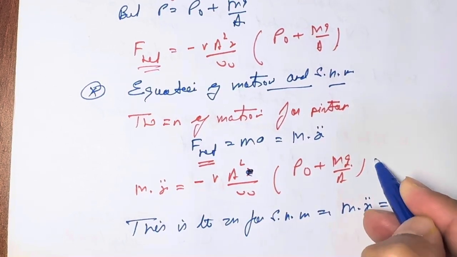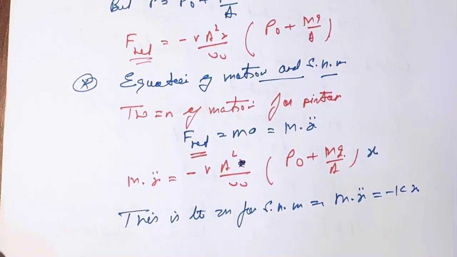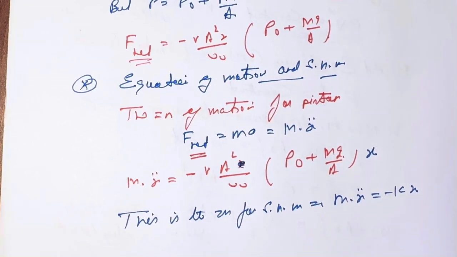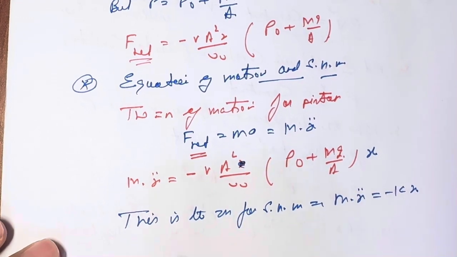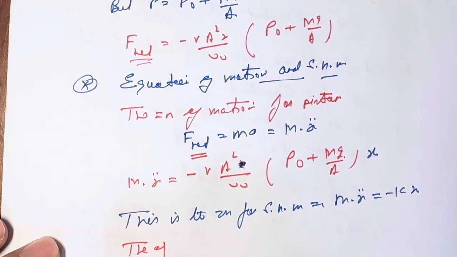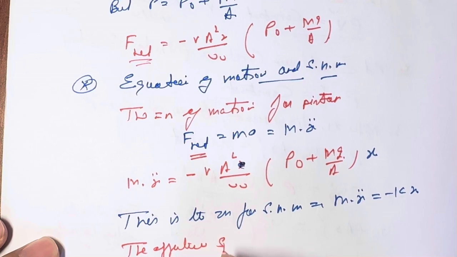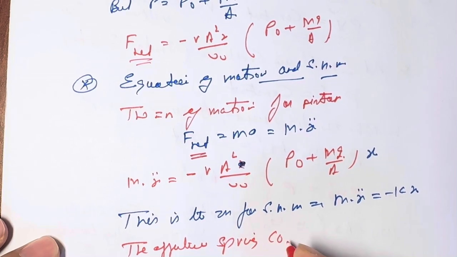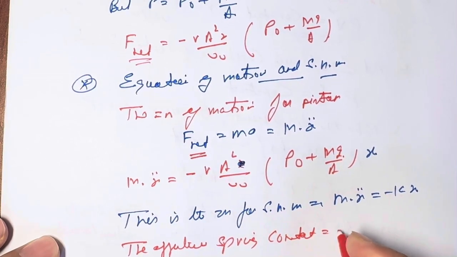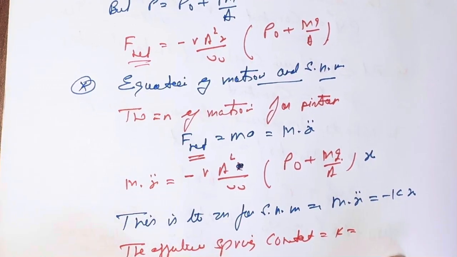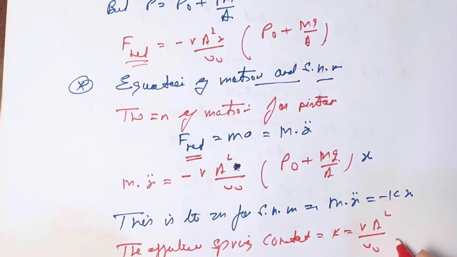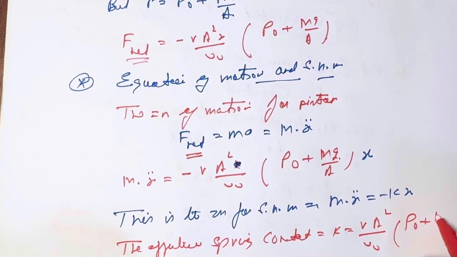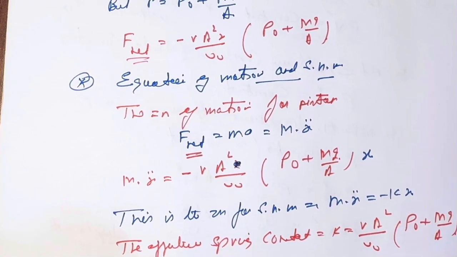So we can make a one-to-one comparison, and from here we can write that the effective spring constant k will be equal to gamma A square upon V naught times P naught plus mg upon A. This is our effective spring constant.